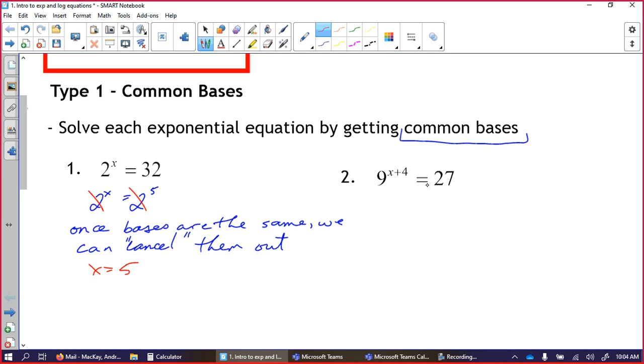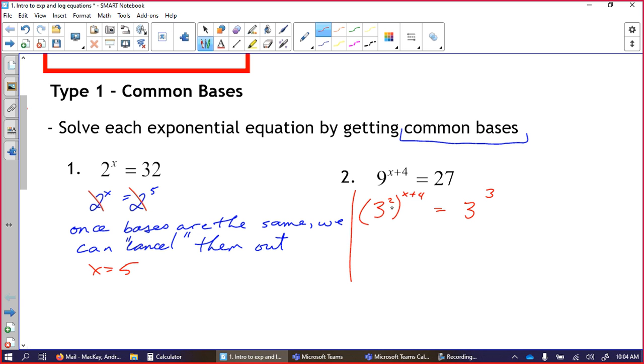It gets a little bit trickier when we have these ones. Some of this is visual, some of this is knowing your powers. 9 and 27 are both powers of 3. So 9 is 3 squared, to the x plus 4, equals 27 is 3 cubed.